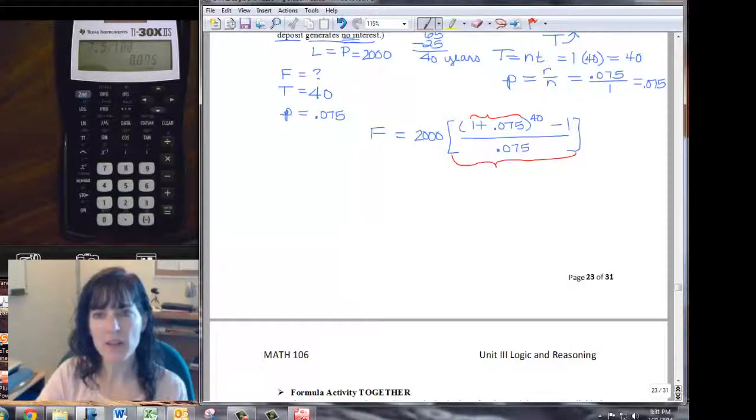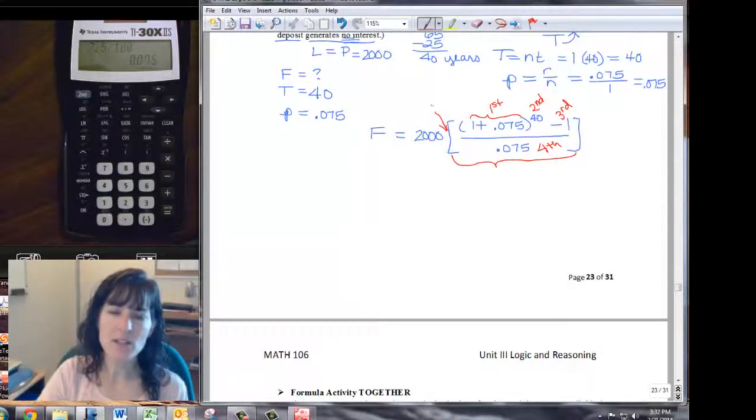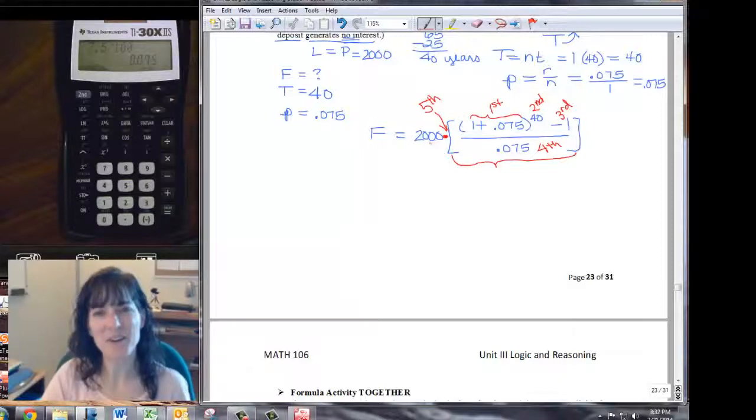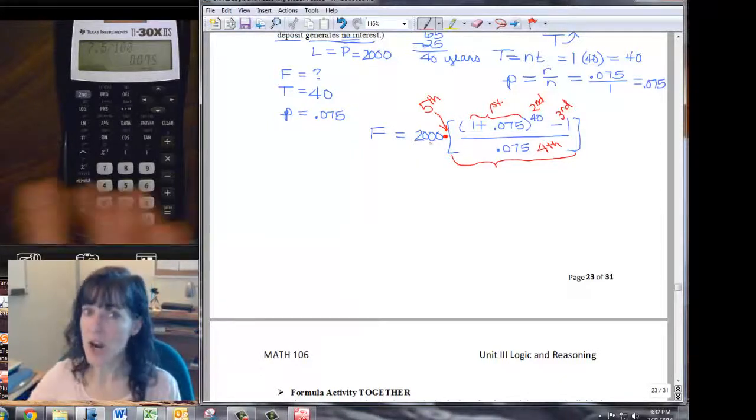Calculate that, and so this will be the very first thing, and then the second will be to take it to the 40th power, and then the third will be to subtract the 1, and then the fourth thing will be to divide by the 0.075. So I'll take care of everything in the numerator and then divide by the denominator, and then the very last thing is going to be this implied multiply here. That'll be my 5th step right there.